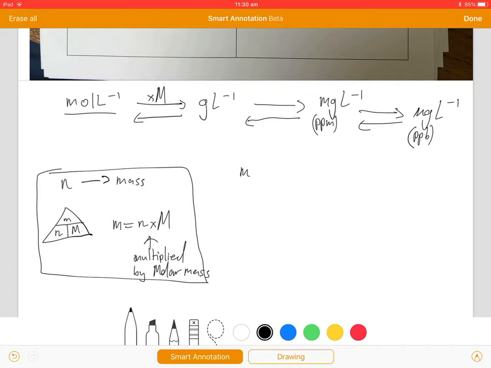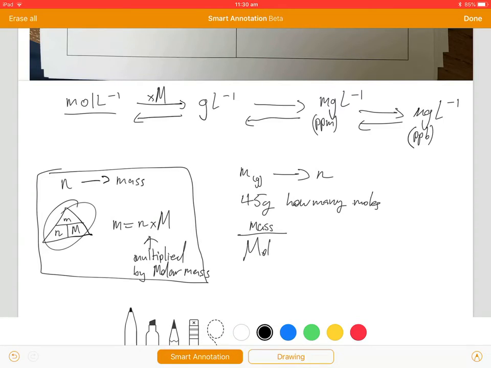Likewise, if we've got a mass in grams, and we want to make that a mole, if you're given 45 grams of something, how many moles? We know from that triangle over here, we're just going to get the mass and divide that by the molar mass.